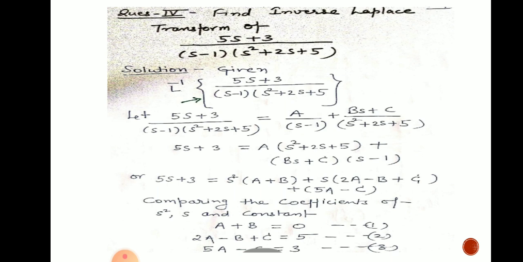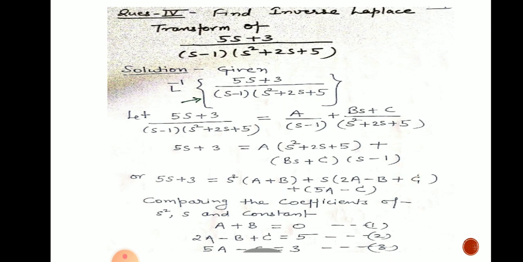After taking LCM and comparing the coefficients of s square, s and the constant from the left and right hand side, we get A plus B equal to 0, 2A minus B plus C equal to 5.